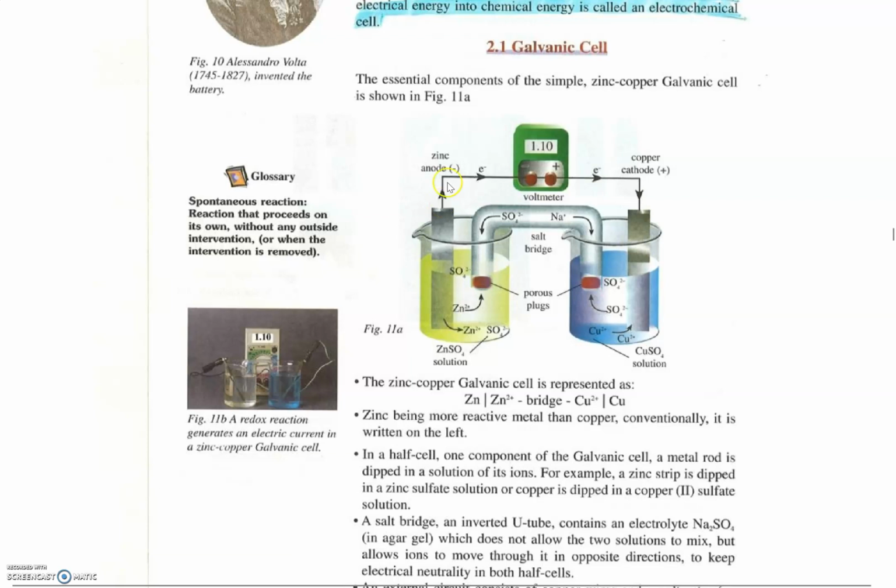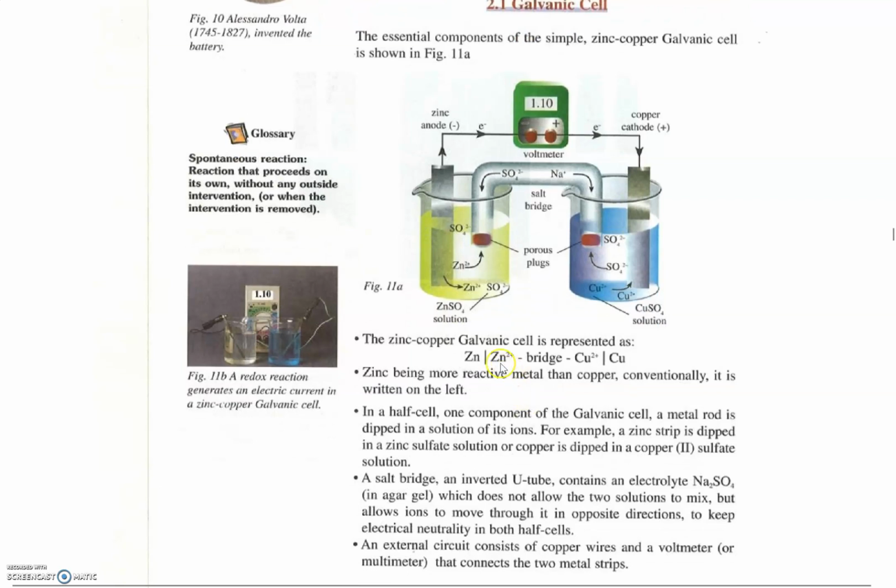In this case, zinc is more reactive than copper. This is why when we write the representation of this galvanic cell, we start with zinc. And then we write the corresponding ion of zinc, which is Zn2+. Then we write the bridge, which contains two ions, one of them an anion and the other a cation.